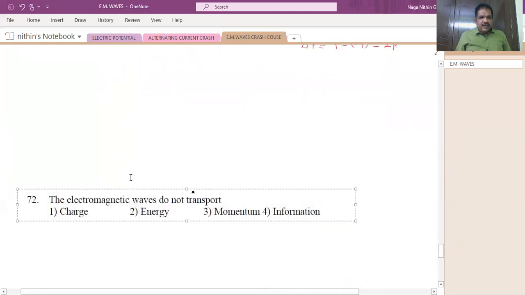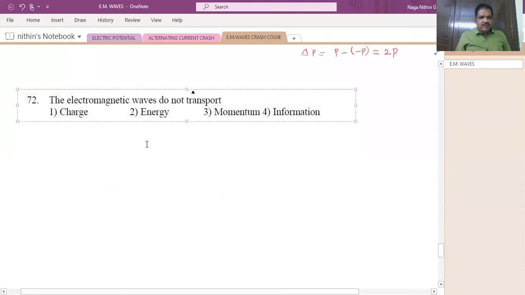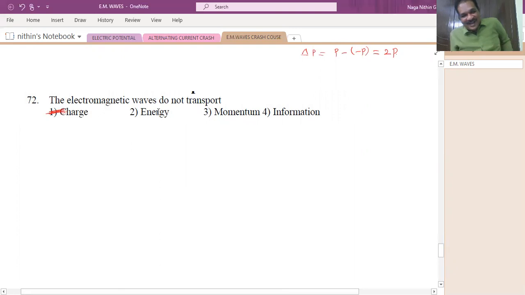72. Electromagnetic waves do not transport charge, energy, momentum, information: which one? It means charge. If electromagnetic waves were carrying charge, we can't live on the earth. If the waves we are using were charged waves, we couldn't exist.